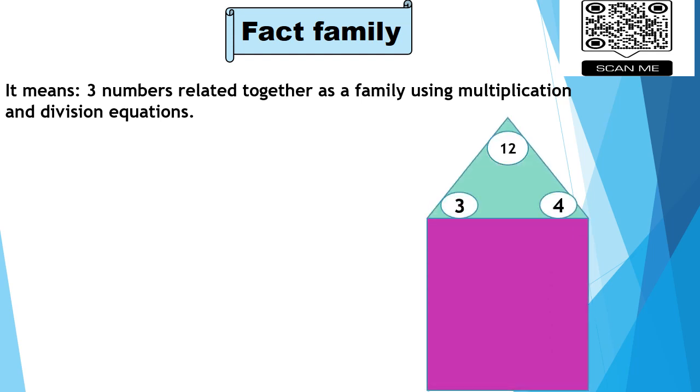We have our home for this family, and this family consists of three numbers: the big number, which will be on the top, and two other numbers. We will express this family and relate it by four equations, two multiplication and two division. We have three numbers here. Let's write the first one.